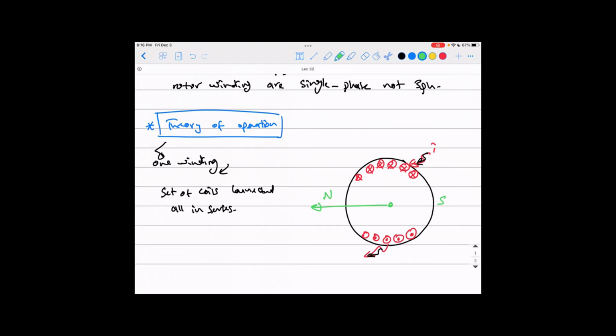Okay guys, but what is the difference between this and the three-phase induction motor?